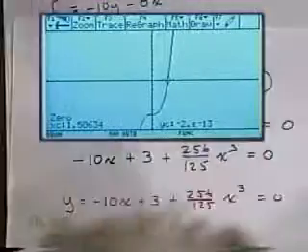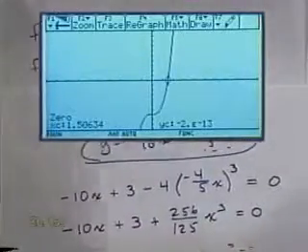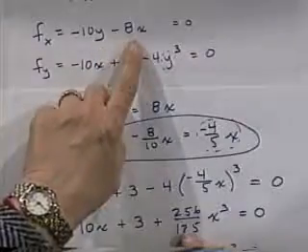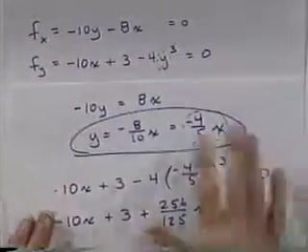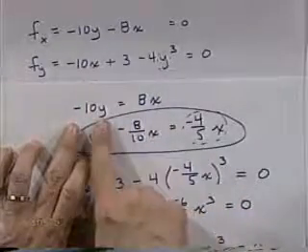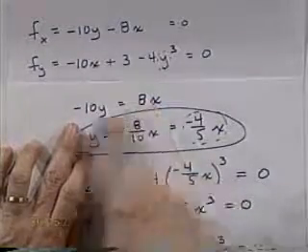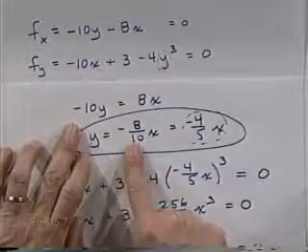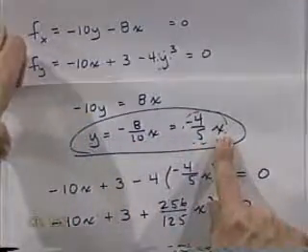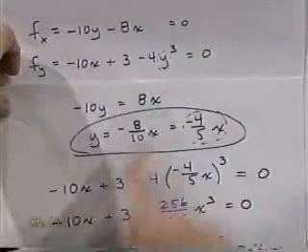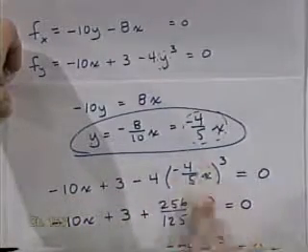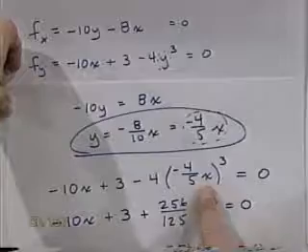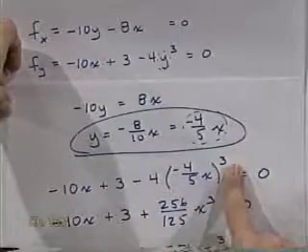Let's go back and look. We're looking at fx is minus 10y minus 8x. Fy is minus 10x plus 3 minus 4y cubed. We solve for y in terms of x, and we got minus 10y equals 8x divided by a negative 10, and we got 4/5 x. Plugging that into this equation, we have minus 10x plus 3 minus 4 times y, which is a negative 4/5 x, and that whole quantity is being cubed.